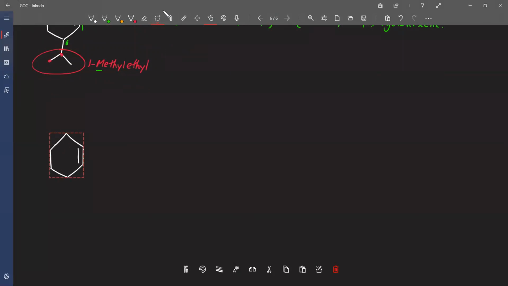Let's see one more name. Double bond here as well. Okay, so now the substituents are simple, but the situation is a little complicated as now you have two substituents and two double bonds.